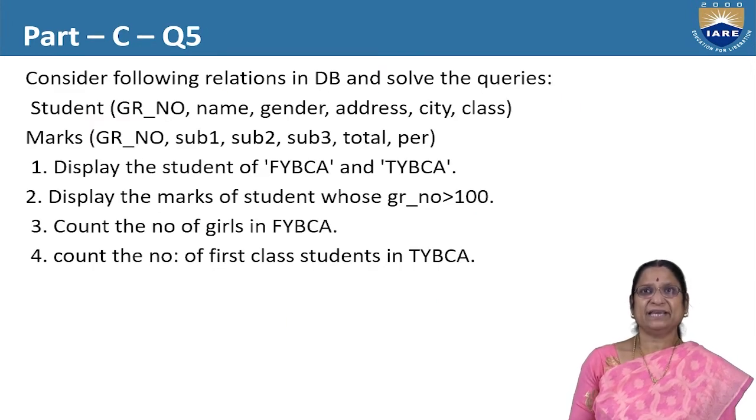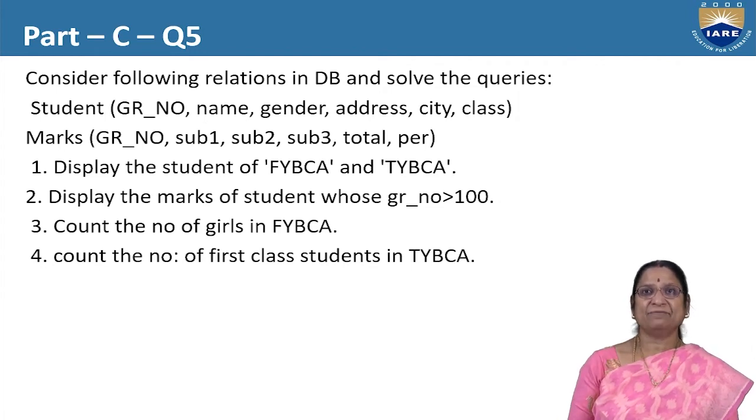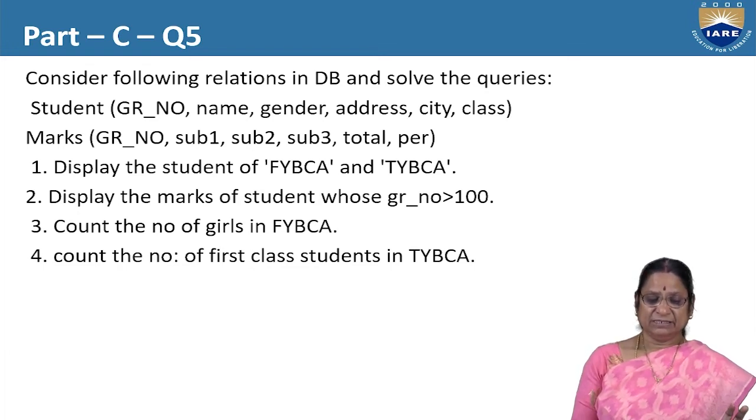The next query here, solve the query. There are two relations, student and marks. Student has the name of the student, gender, address, city and class name also, and marks consists of grade number, subject 1, 2, 3, total and percentage. Simple queries are there. Display the students of FYBCA and TYBCA.